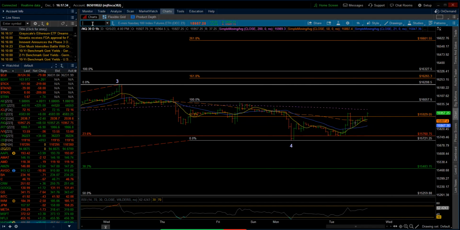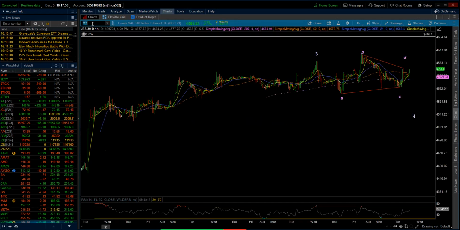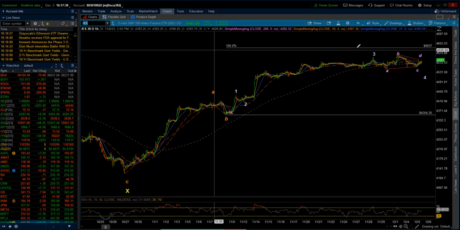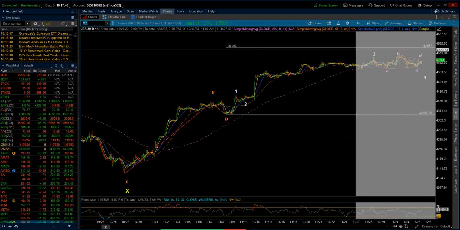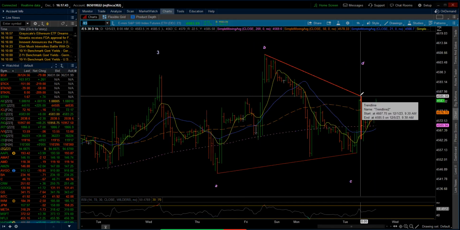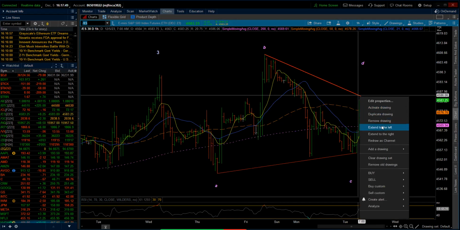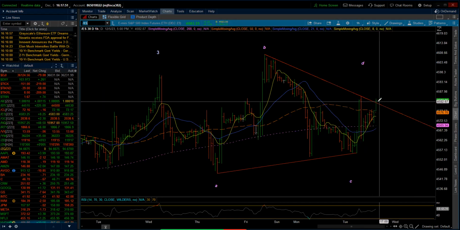Okay, over in the S&P, possibilities are a little bit different, except guess what's happening now? Market's getting ready to break above a trend line. In fact, if I take that trend line and extend it, it already did.